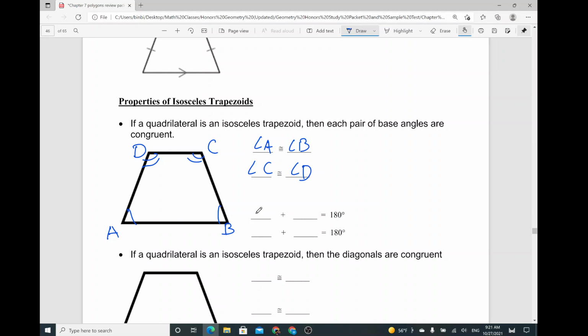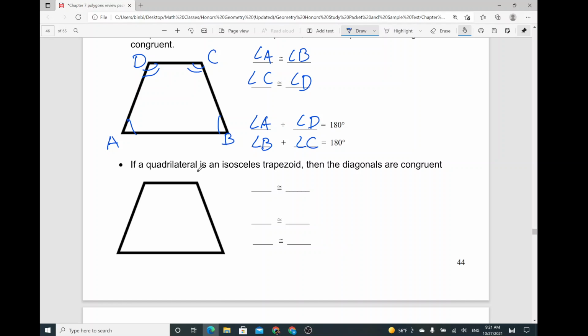One more thing we notice: the consecutive interior angles with the leg are always supplementary, 180. So angle A plus angle D equals 180, and angle B plus angle C equals 180.